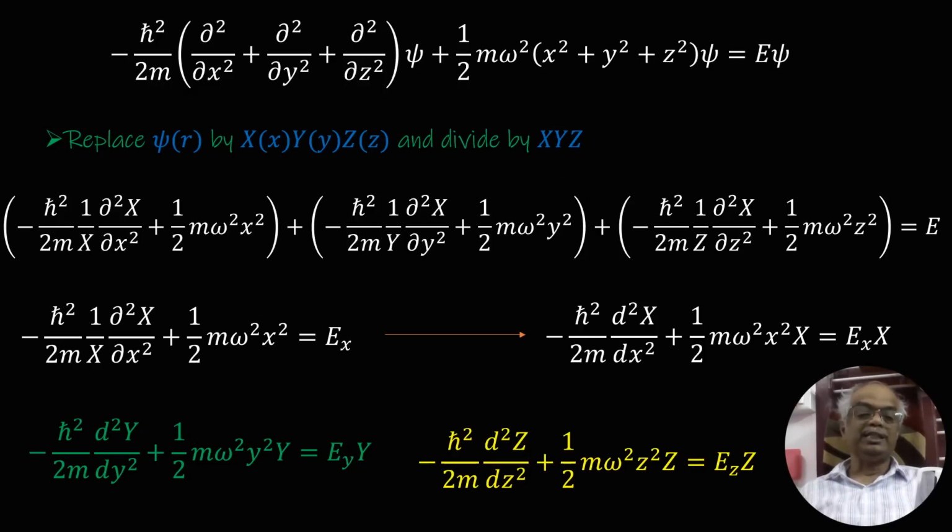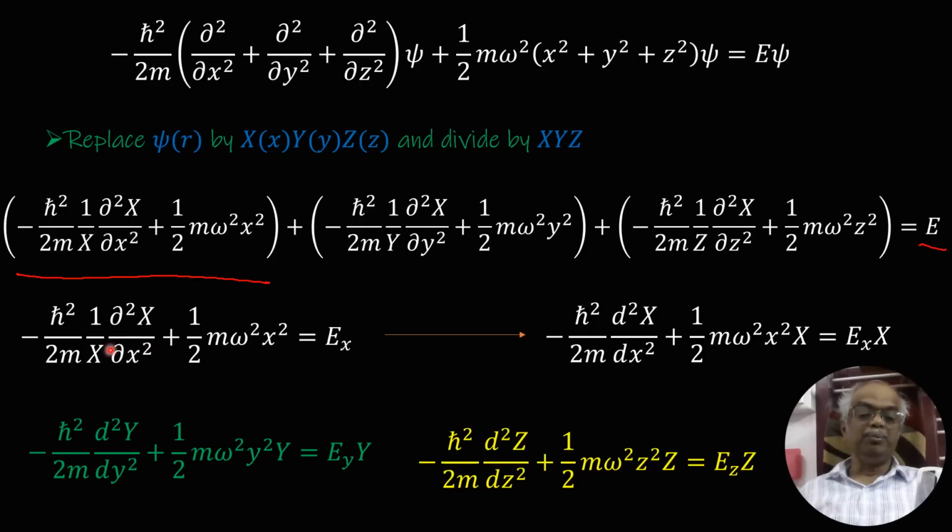Now you take the first term in the bracket, and the right-hand side can be written as E sub x plus E sub y plus E sub z, that is, the energy along the x, y and z directions respectively. You take this and equate it to E sub x.